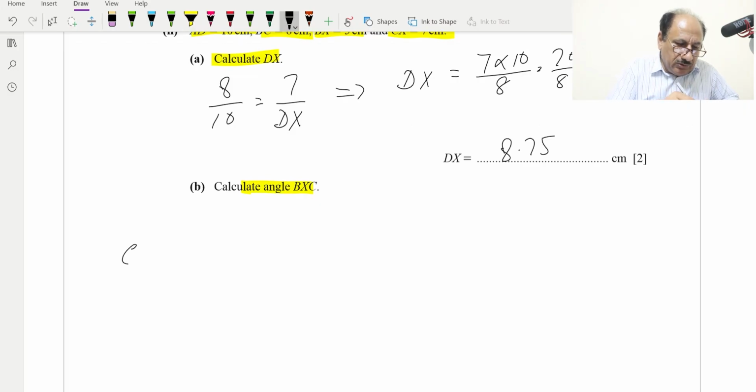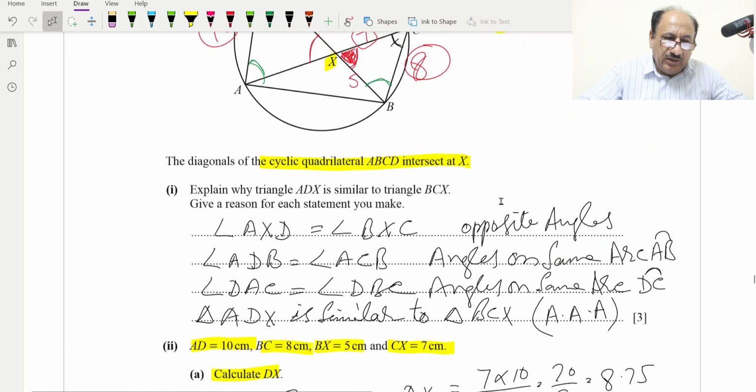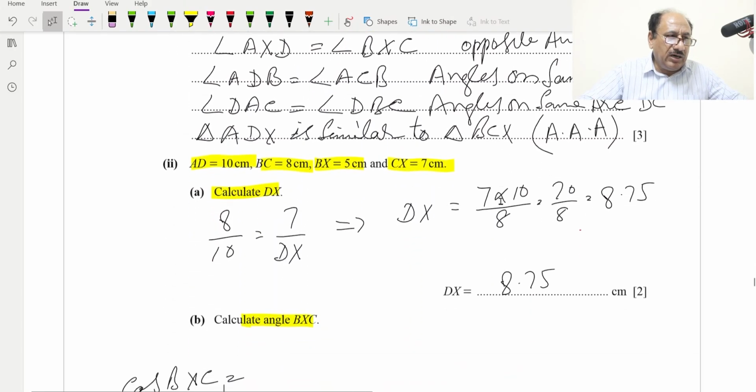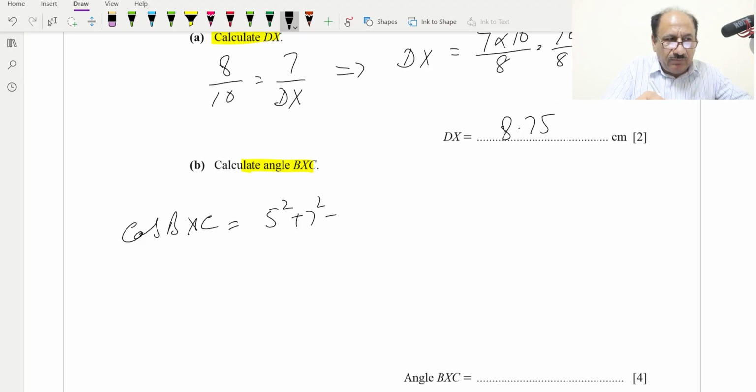Cos of BXC is equal to, we can take both sides 5 and 7 and minus will be third side, so we will write equal to 5 squared plus 7 squared minus 8 squared divided by 2 into 5 into 7.